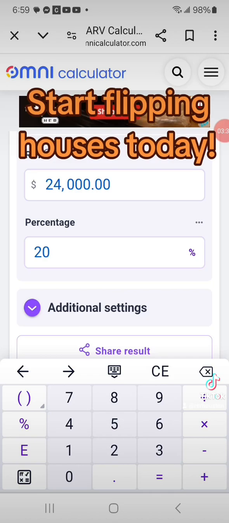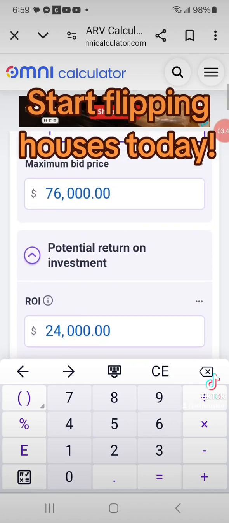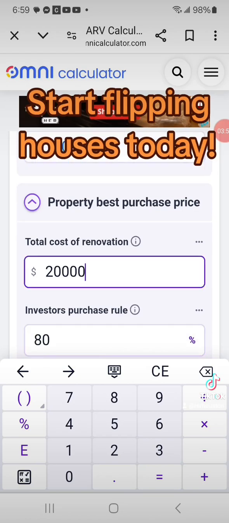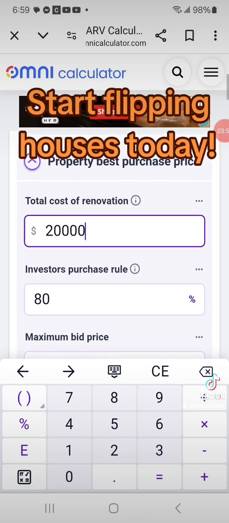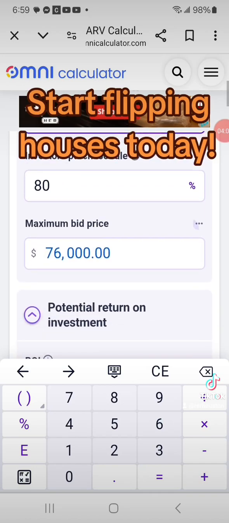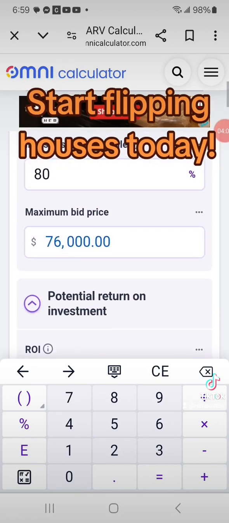And sometimes, even if you offer more, you just never know. You may end up with repairs on the house that are less than 20,000. Maybe you end up saving, I don't know, $15,000. So it all depends. It's all going to depend on the contractor that you hire, and obviously the person you deal with that is selling the house.